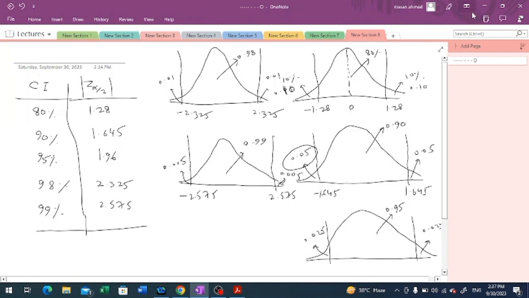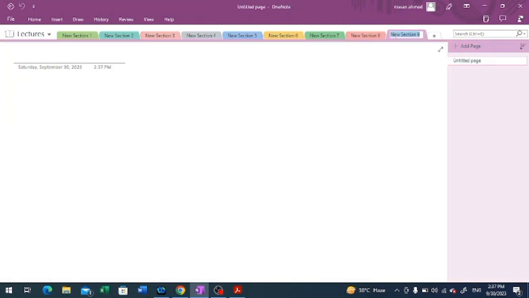Now to apply this formula in a given situation, let's take an example that we have taken a sample size of 30 individuals. Regarding that sample, we are assuming that the variable we are focusing on is normally distributed across the entire population.